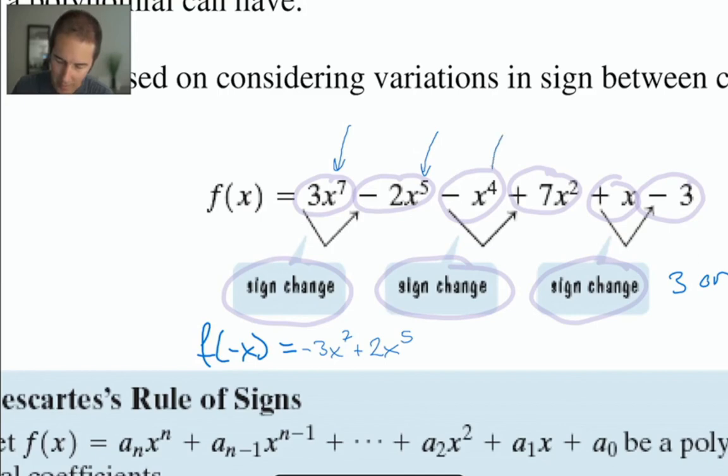Plugging a negative value in and raising it to an even power is not going to change the sign. Why not? So I've got x to the 4th. Let's plug in negative x. What's negative x times negative x? Positive x squared. And what about here? What's negative x times negative x? Positive x squared. And what's positive x squared times positive x squared? Positive x to the 4th.